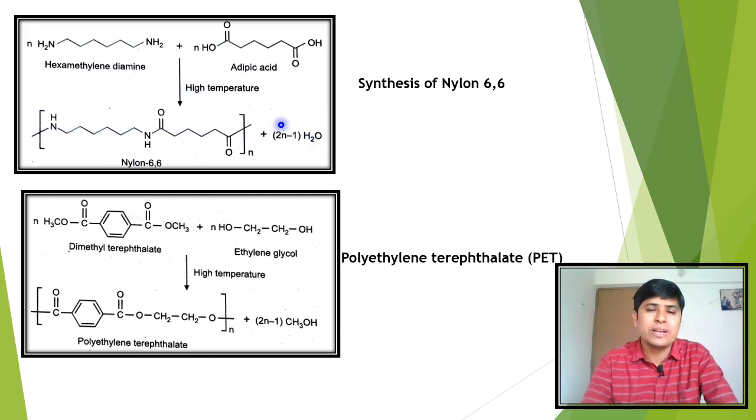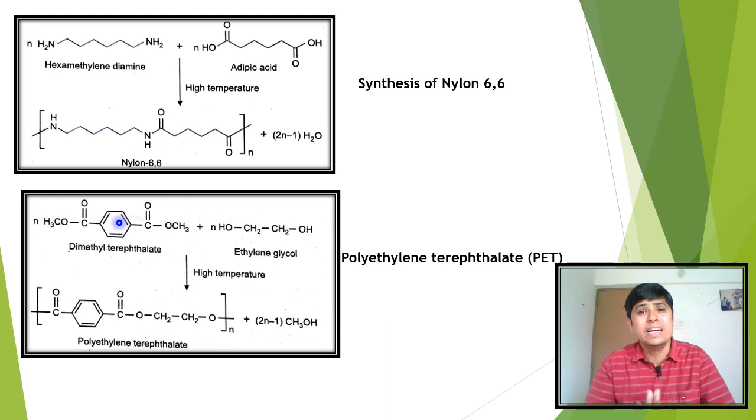Similarly, suppose we take dimethyl terephthalate. This is an ester of terephthalic acid, where the carboxyl groups are at the 1 and 4 positions with respect to each other in the benzene ring.